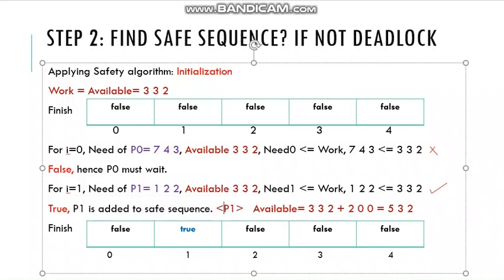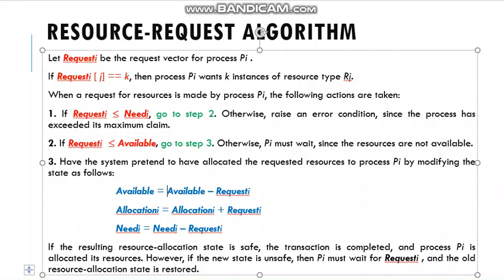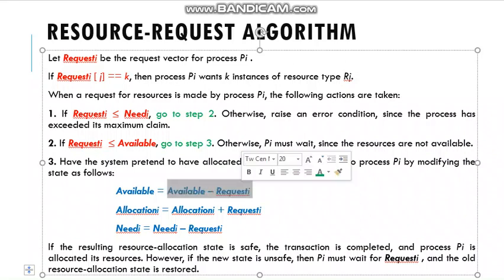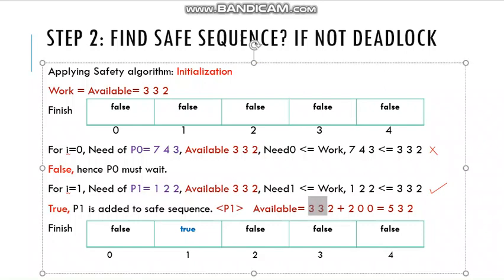Okay, so how much is the available now? If you observe our banking algorithm, available is now updated. Available is nothing but available minus request, but let's make it very simple. Available was initially 332. How much is allocated for that process?